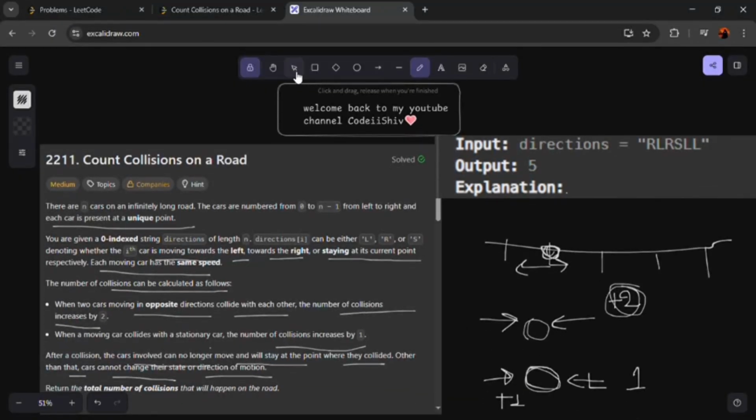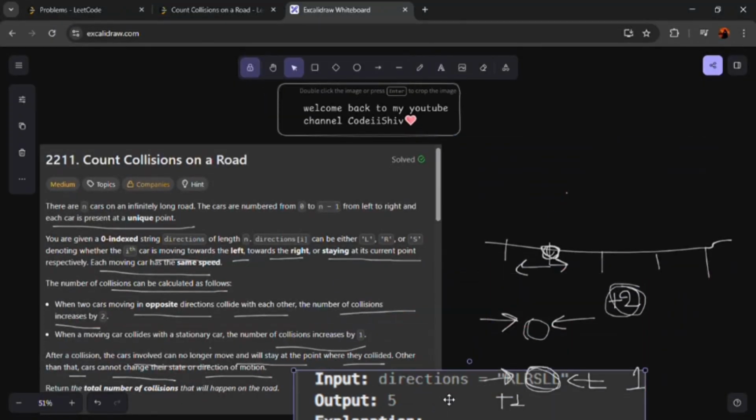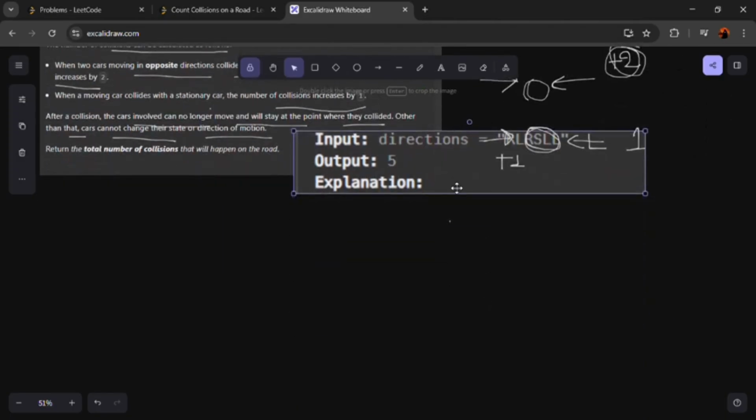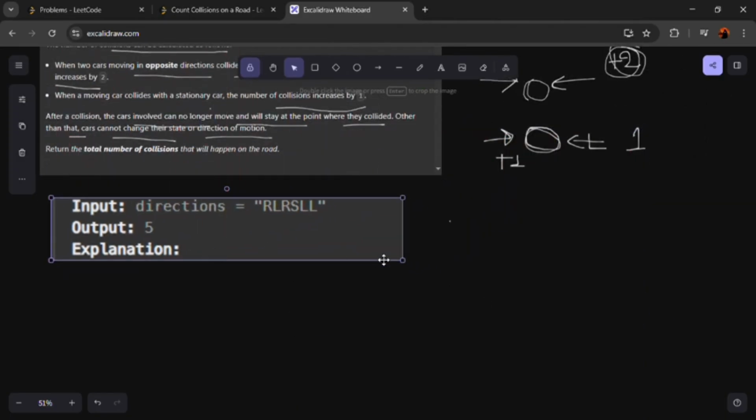So let's move on to the example test case. I take this test case. Let's write it down and understand. The directions are given as RLRSLL.